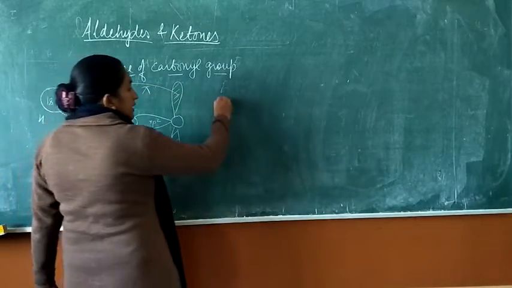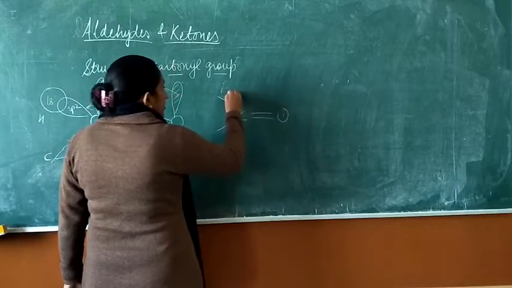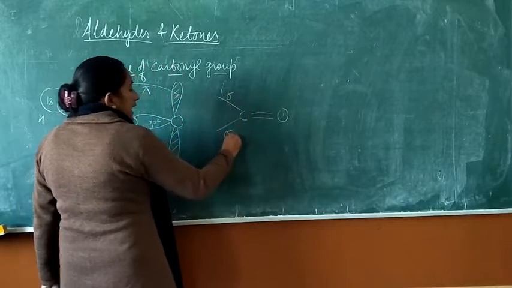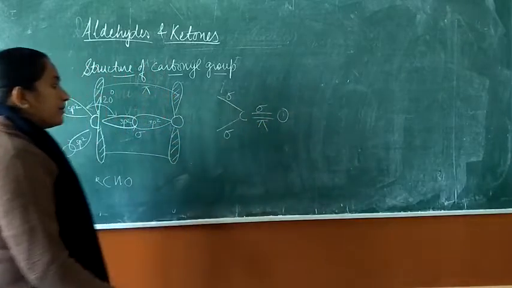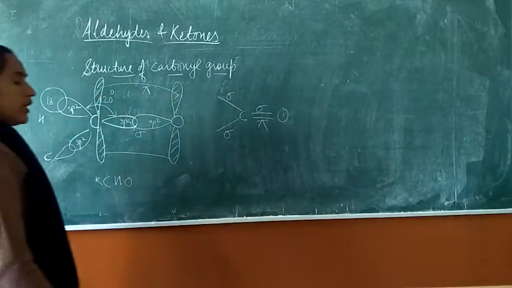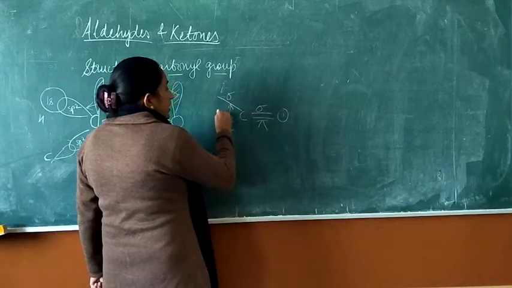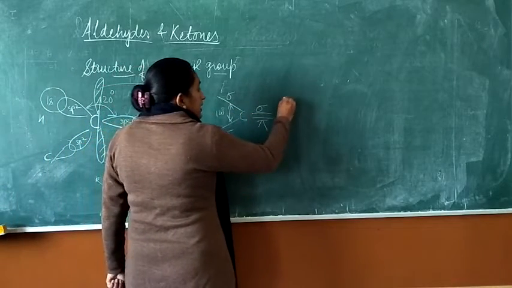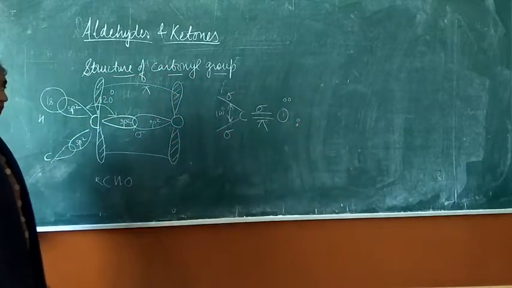So here we can see that the carbonyl group has 3 sigma bonds and 1 pi bond, right? And the bond angle, students, is 120 degrees. The oxygen definitely will have 2 lone pairs on it, right?